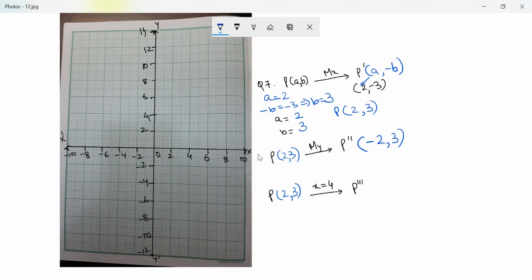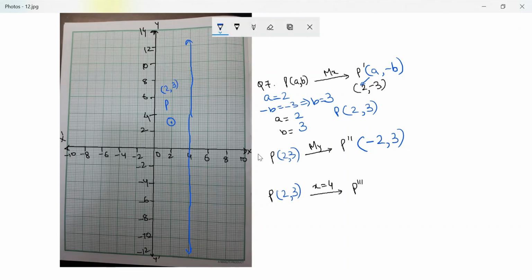Oh, so now you're reflecting it in x is equal to 4, and this line basically is this. You would draw using a scale. I'm drawing freehand. You could do this question without the graph as well, but I am taking the luxury of drawing it as well. So 2, 3.